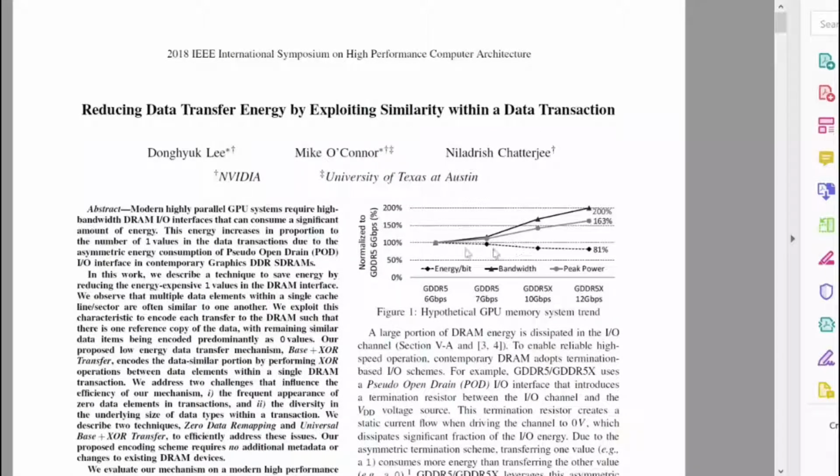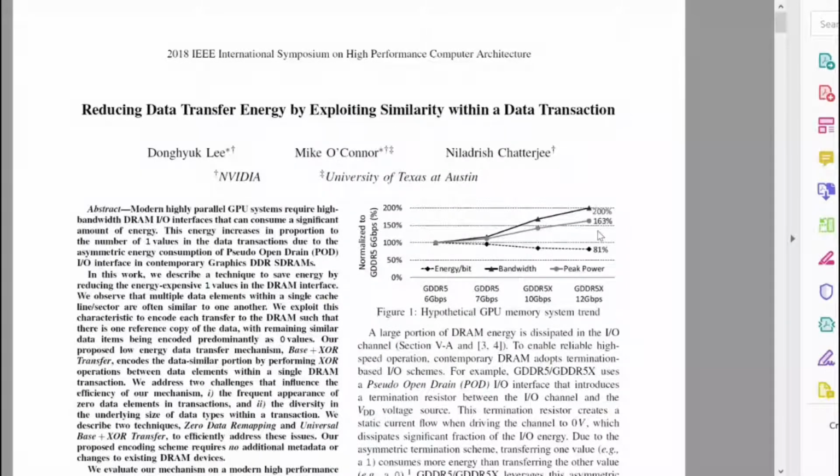That means the bandwidth is increasing, fine, but the energy consumption per bit, that is the cost per bit, is not decreasing much. And that is the main reason that power consumption is also not decreasing in different DRAM versions. So this paper proposes to decrease the energy consumption of DRAM, but only targeting data transfers.